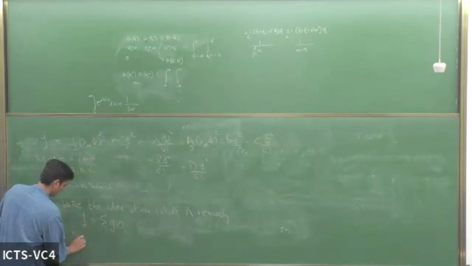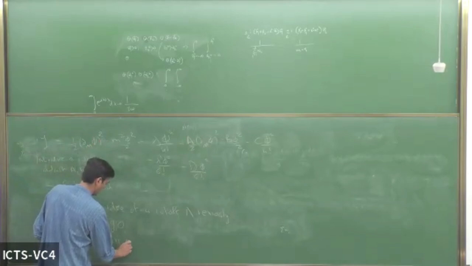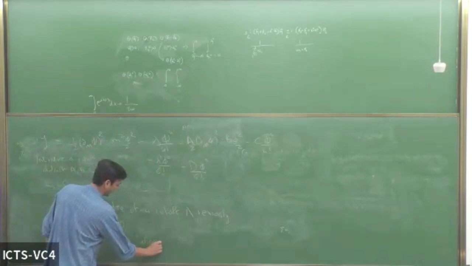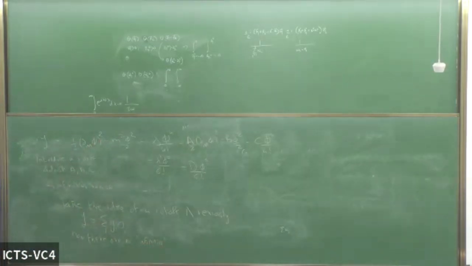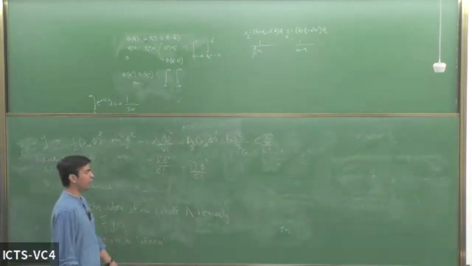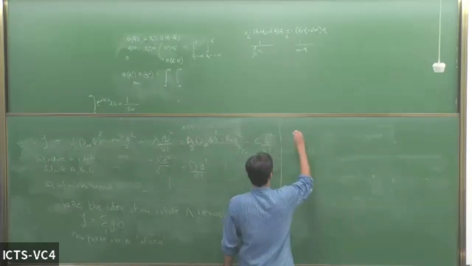There are no infinities because you put in a cutoff. Okay? However, we can ask how these parameters g_i change as you flow the cutoff, and that's the subject of the study of the renormalization group.